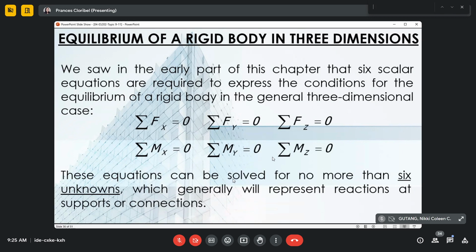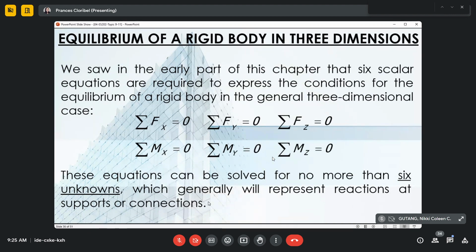Now, these equations can be solved for no more than 6 unknowns. Since we only have 6 conditions for equilibrium, we are limited to identifying 6 unknowns, making our problem determinate, which generally represents the reactions at supports and connections.